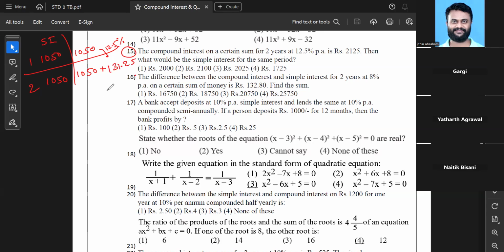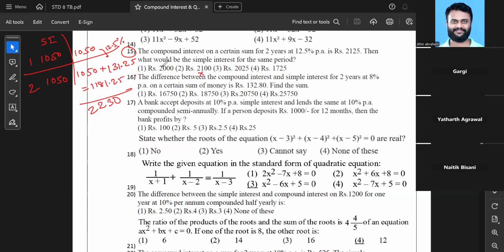Now if I add this to 1050, I will get 1181.25, which I add with 1050 to find the total interest. I'm going to get 2231, which is not going to satisfy. So this is not my answer.